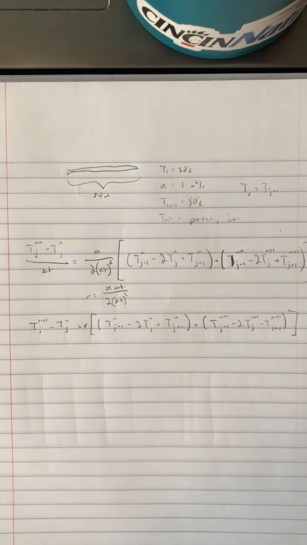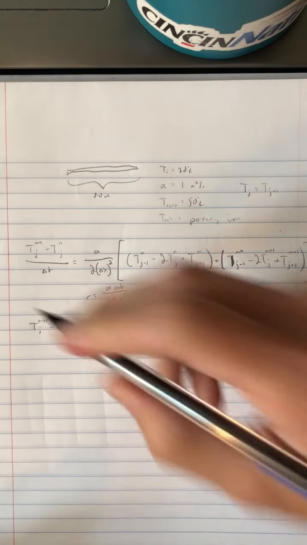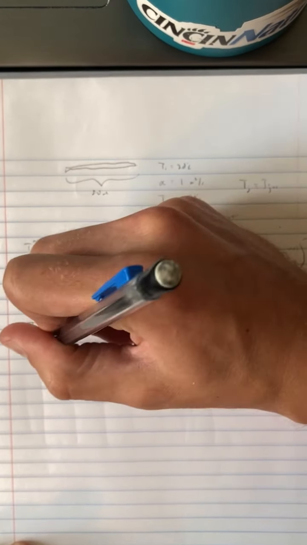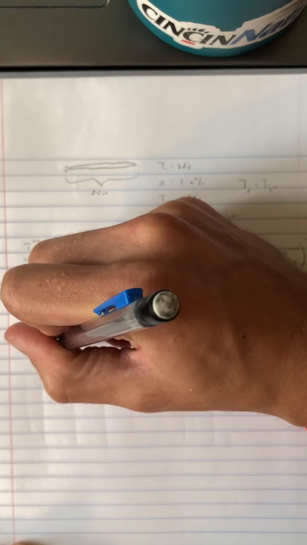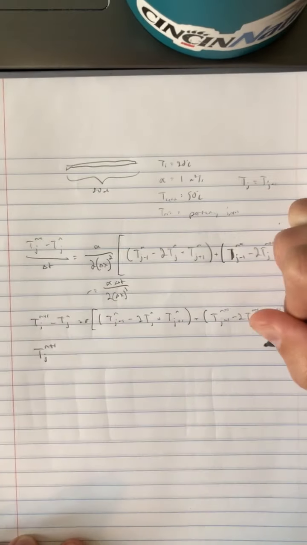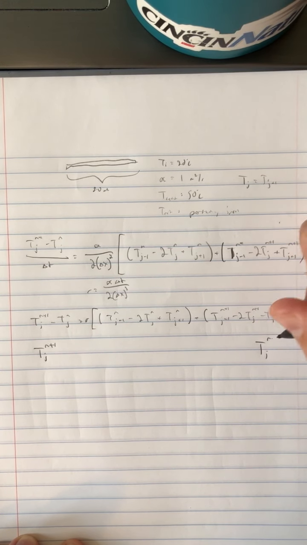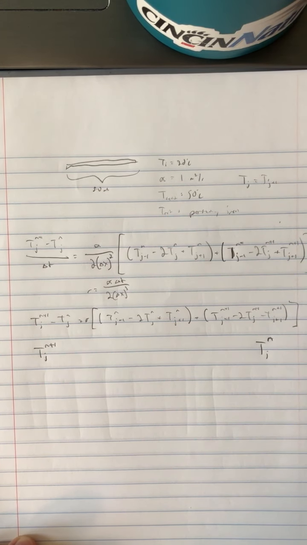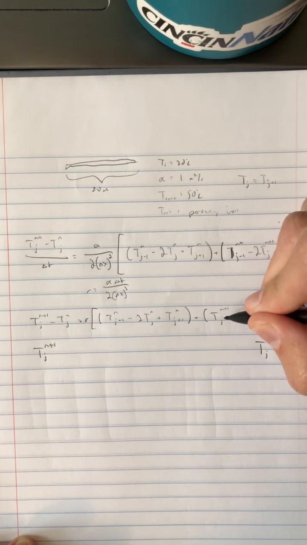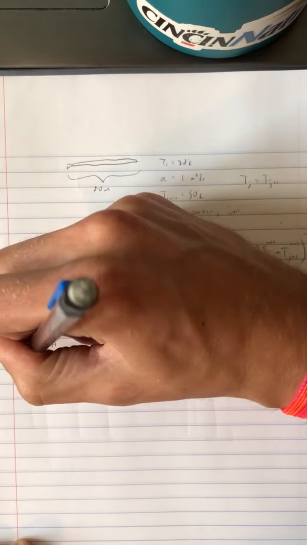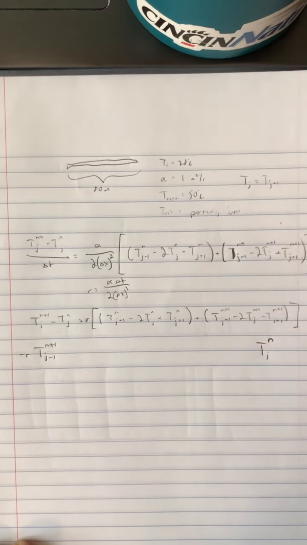So from here, we'll move all of the t at position n plus 1 to the left side, and the t at the current time to the other side. So we'll start with this right here. It'll be j minus 1, multiplied by the r, and it moves to the other side, so it's negative.